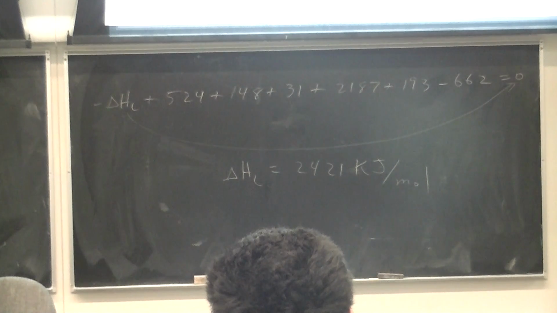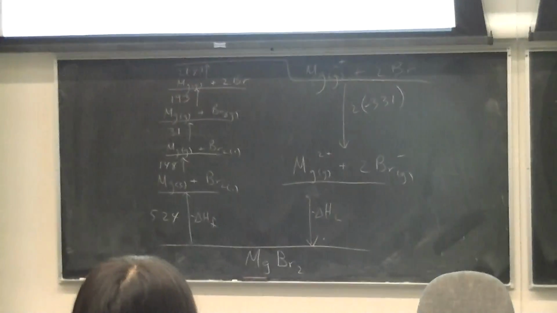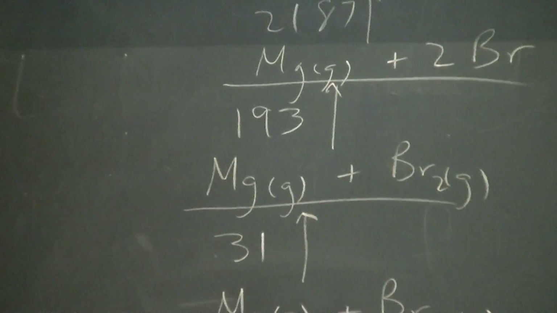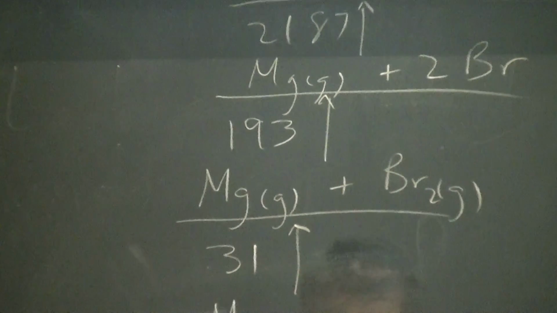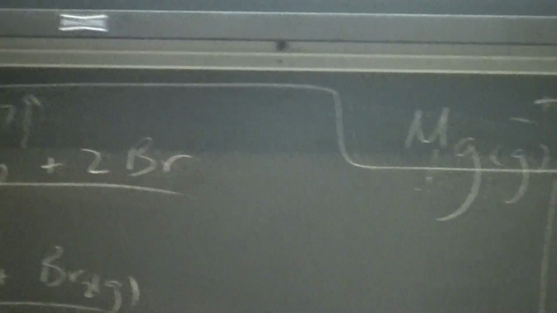The 2187. That is the ionization energy for taking magnesium gas and ionize it to, and I'm sorry here, I messed up, to the 2+ state.